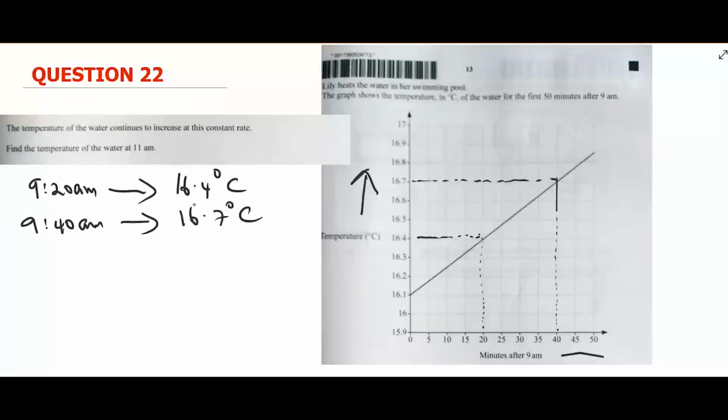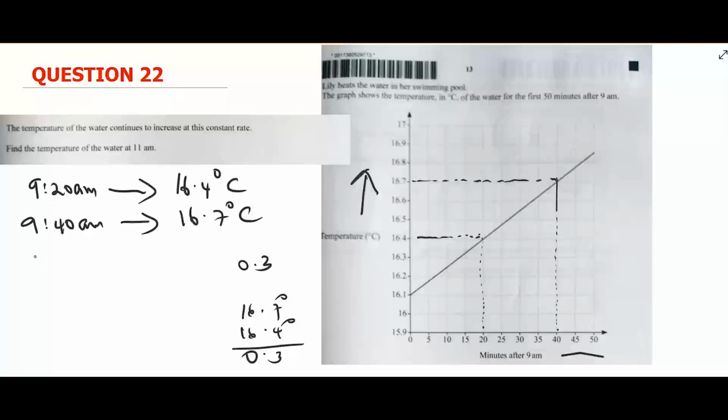If you look at it, you see that every 20 minutes the difference is always 0.3, because if you do 16.7 degrees minus 16.4 degrees, this will give you 0.3. So that means you always have 0.3 degrees Celsius after 20 minutes.